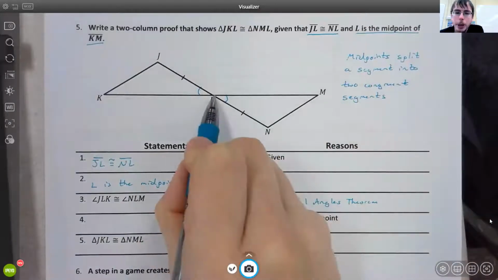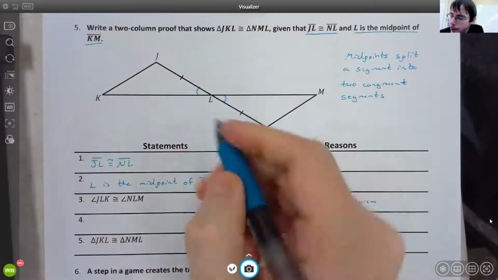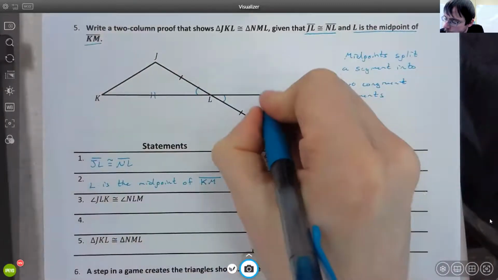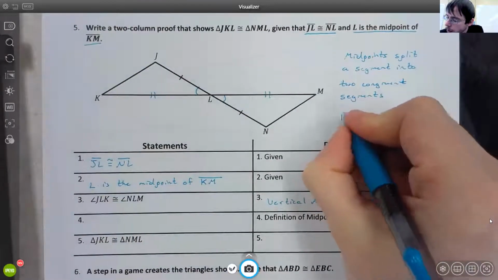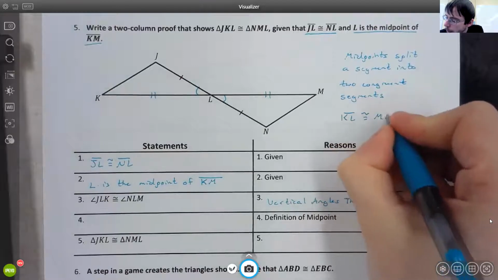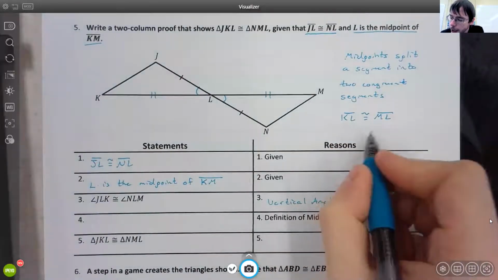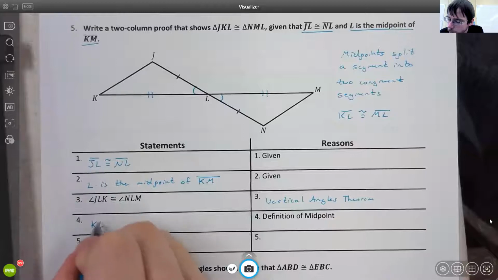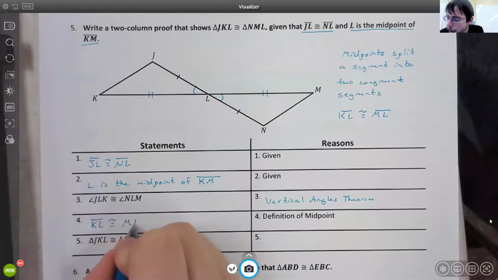So if L is the midpoint of KM, that means that KL is congruent to ML by that reason. So that's the definition of midpoint, that KL would be congruent to ML.